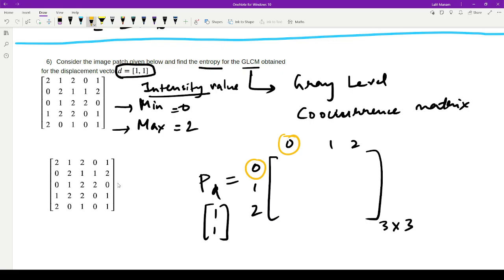With this one, you're out of the range. With this one, you're again out of range. Same here. So ultimately, the number of (0, 0) occurring together with this given displacement is 0. There are no occurrences of 0, 0 with this specific displacement. Everyone agrees with that? Any doubt?